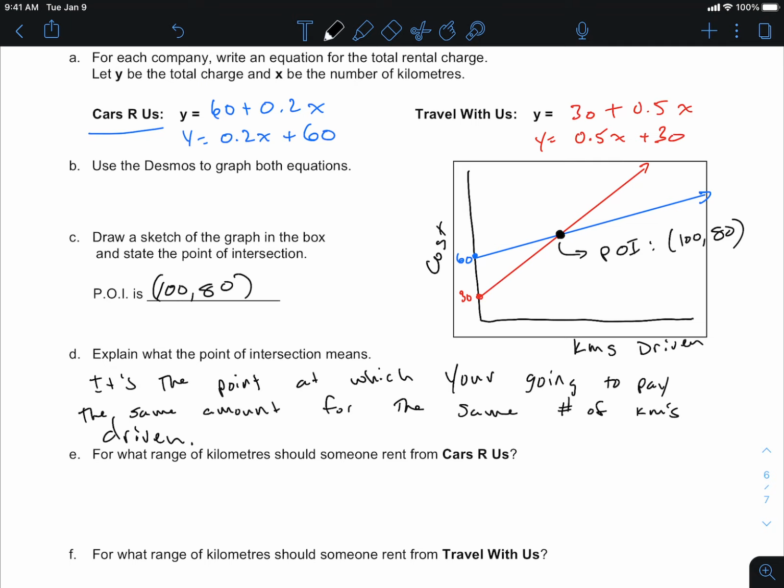If I ask you to graph, you're able to find the point of intersection using graphing or using substitution, which we did this morning. They will both give you the same answer. This one might be a little bit harder to do because of the decimals, but we'd be able to do it.